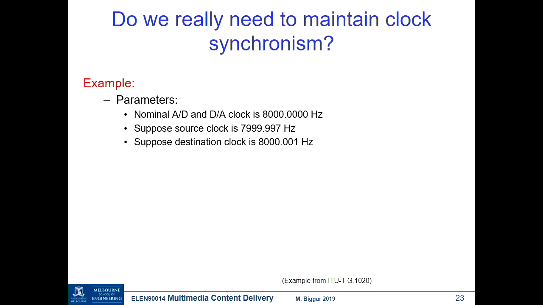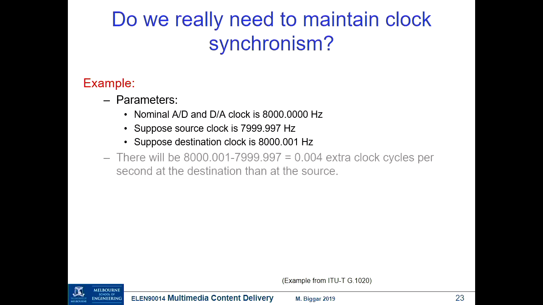This actually comes from an ITU-T document that discusses clock synchronization. Suppose the nominal clocks at the A to D and the D to A clock, this is for speech, of course, 8,000 hertz. Suppose the source clock is a little bit under that and the destination clock is a little bit over that. Then there'll be this number of extra clock cycles per second at the destination compared with the source.